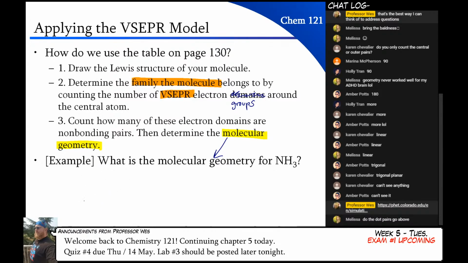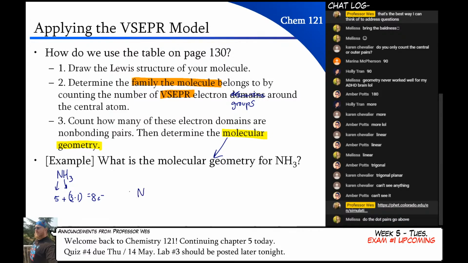So I'm going to draw the Lewis structure for ammonia. And just like before, we could count valence electrons. So 5 plus 3 times 1 is 8 electrons. I'm going to try and draw this as accurately as I can, remembering that something with X number of groups around it generates whatever shape.